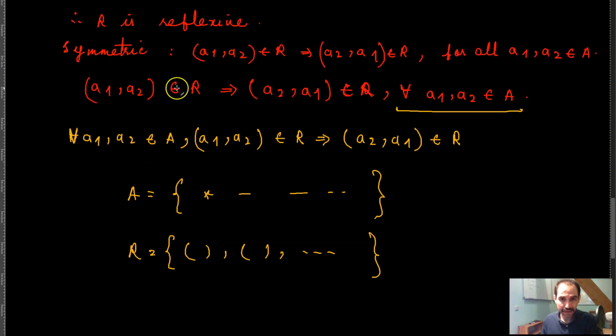Now this statement is saying that A1, A2 belonging to R has to imply this one, meaning that if this is the case, this has to be the case for every A1, A2. Now in the case of these two statements, I would say with a lot of caution that there is most probably no logical difference between these two statements.